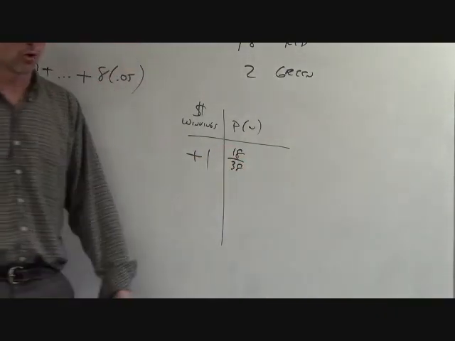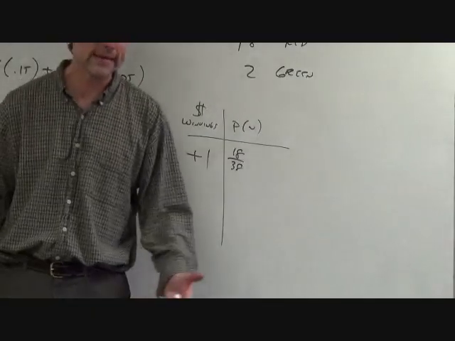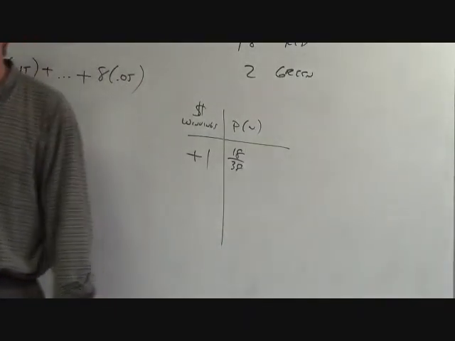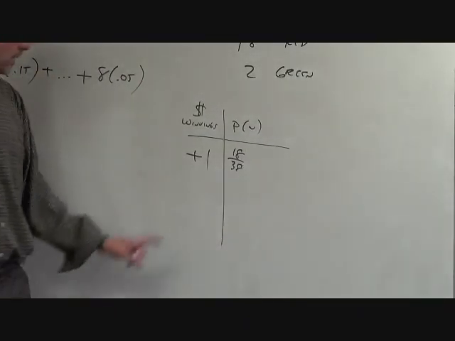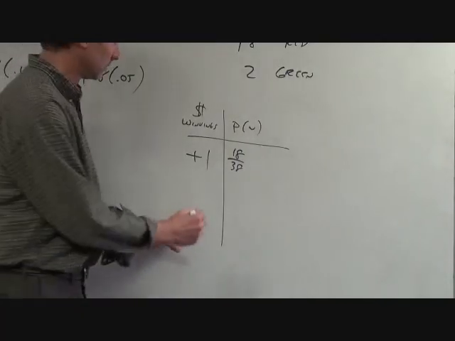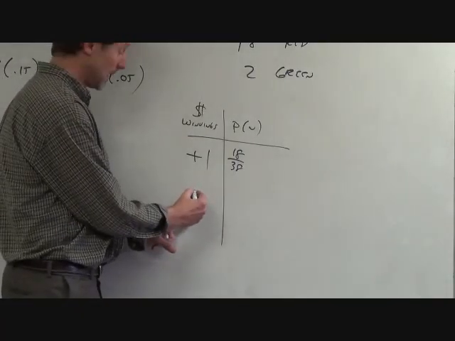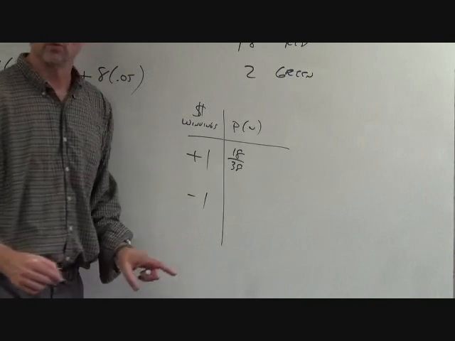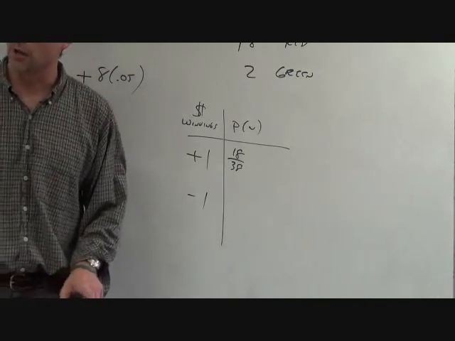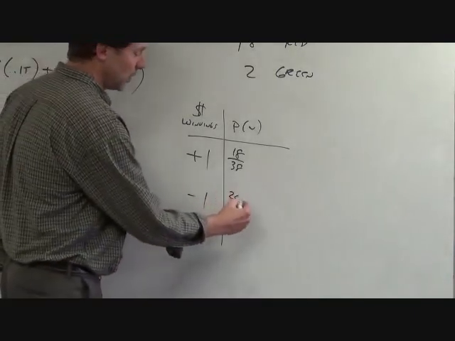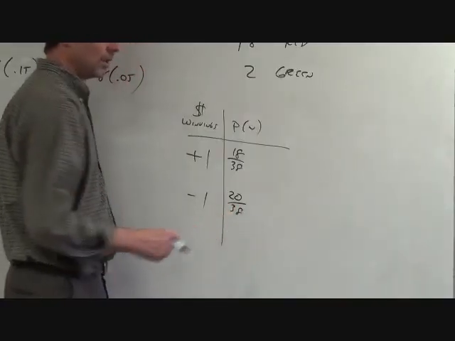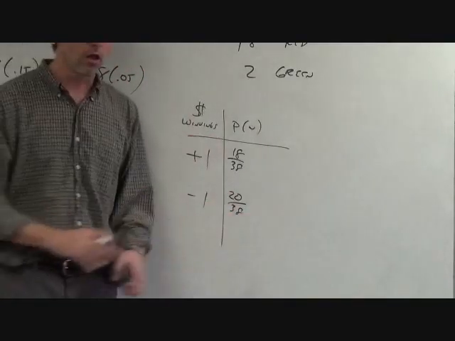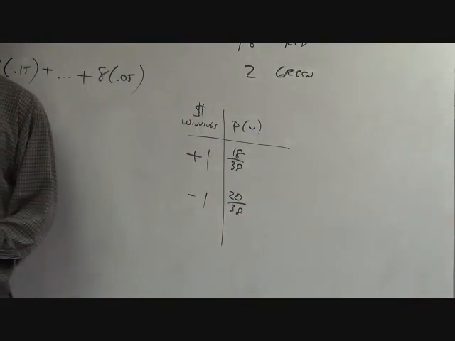Yeah, there's 38 total places it can land, and 18 of them are my color. Now, what's the other alternative? I might lose $1. And then what's the probability that I lose $1? 20 over 38.